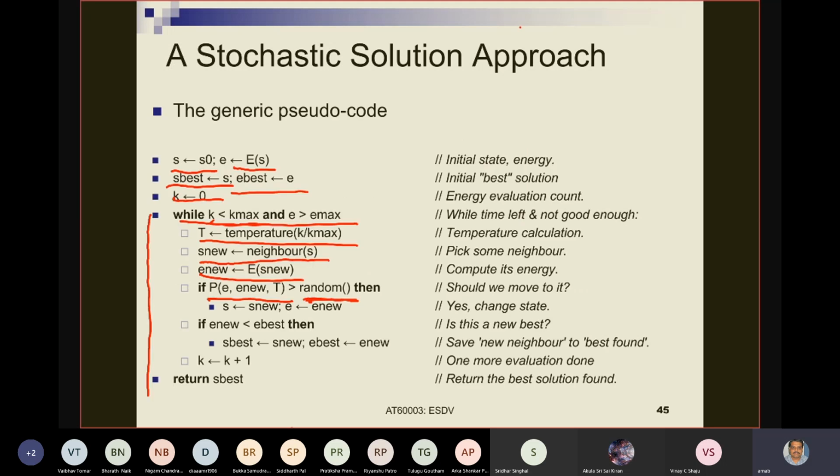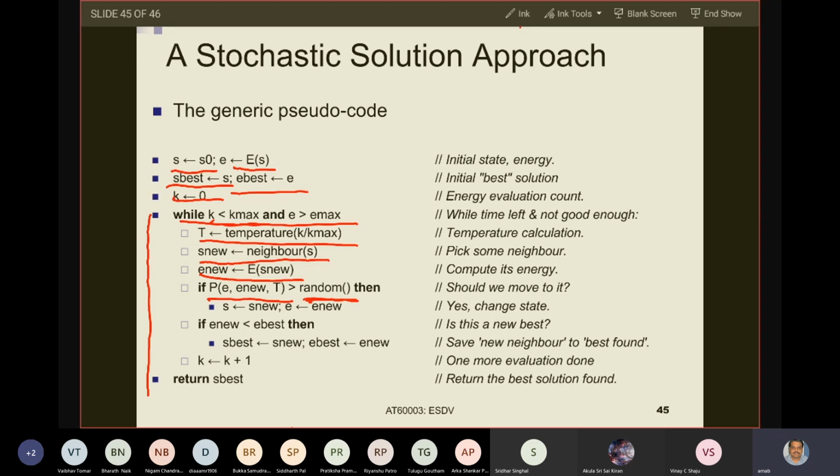That means that if E new has a cost which is less than E, that means the new solution is better, it will always be greater than random. Why? Because random is a number between 0 and 1, and if the new solution is better than the current solution, you have assigned 1, so you will always accept. So then you accept the new solution.